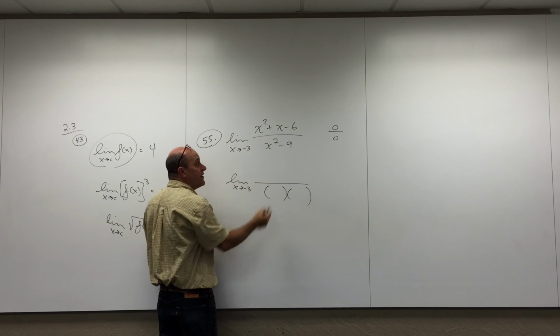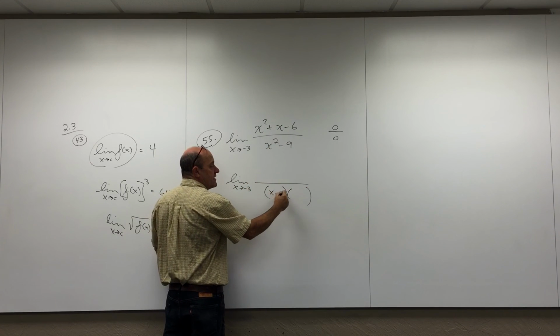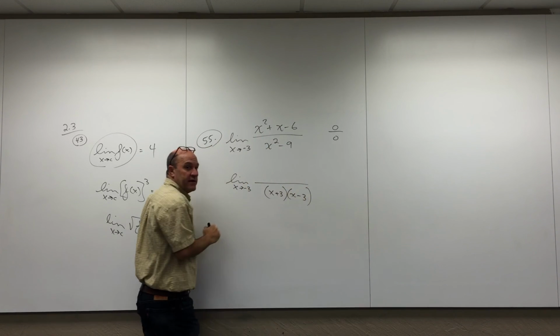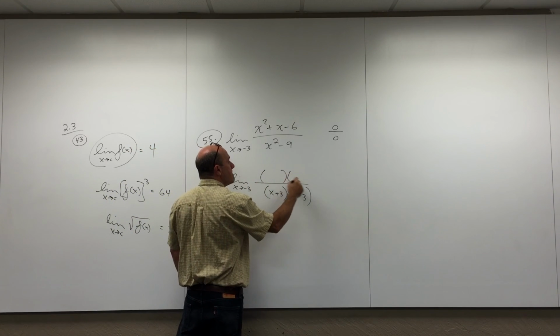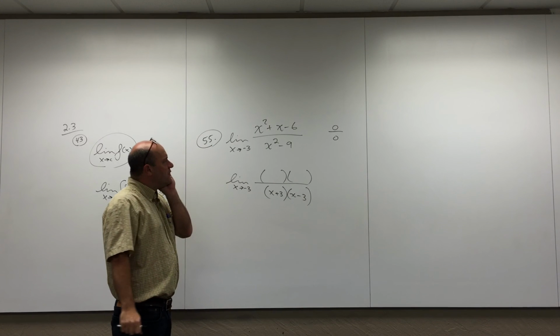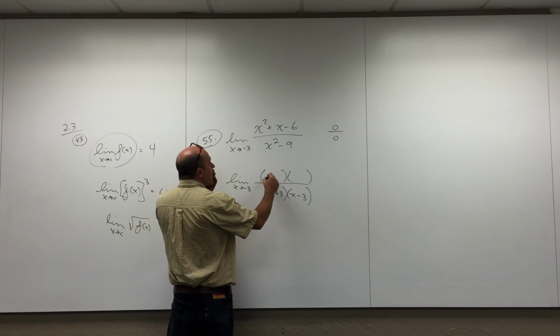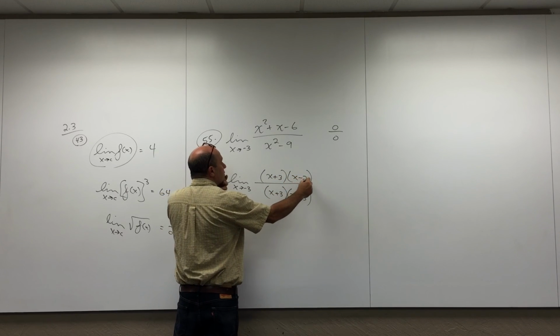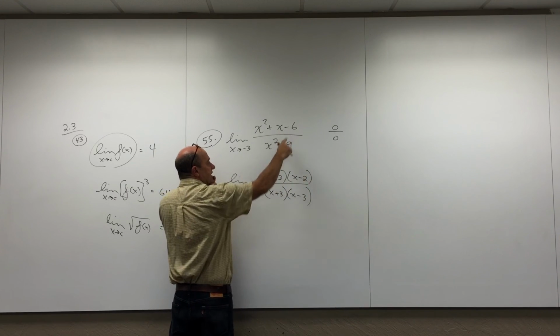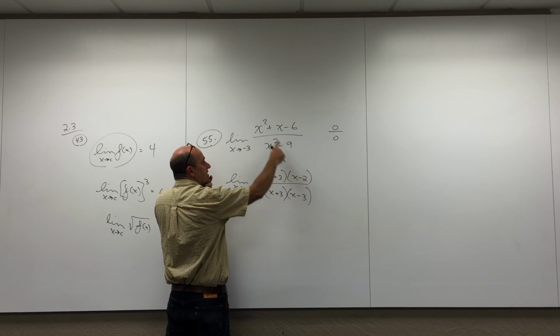The denominator is the difference of 2 squares. That's a classic factoring. The numerator is maybe 3 and 2. How about an x plus 3 and an x minus 2? Because that'll be -6, and that'll be a positive x.